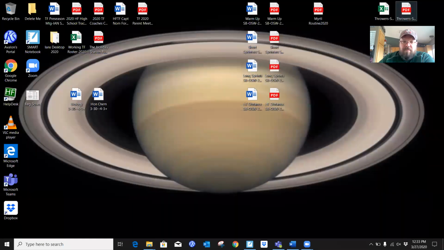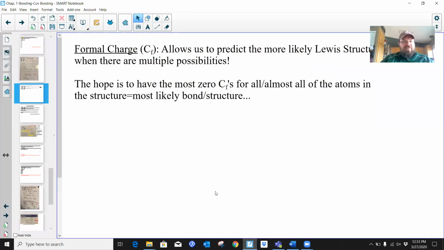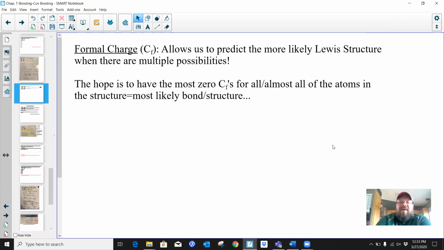So, what's formal charge? Basically, think of it as another way for us to predict the more likely Lewis structure when there are multiple possibilities. As you guys have been working on these Lewis structures, you've probably noticed that sometimes you may come up with 1, 2, or maybe 3 different ways that seem to work and you're just not really sure.